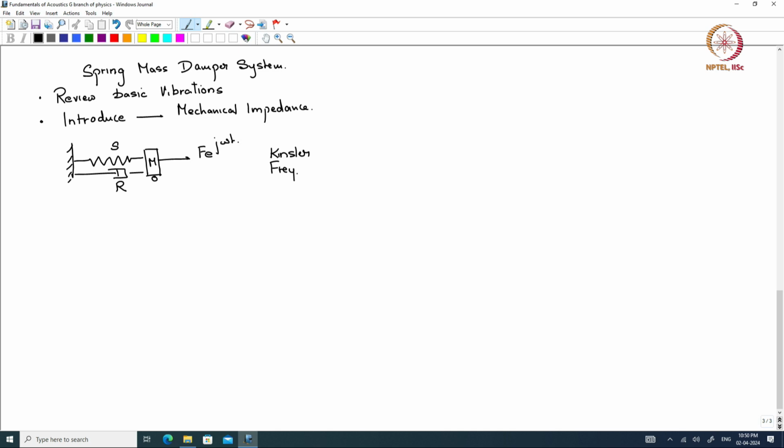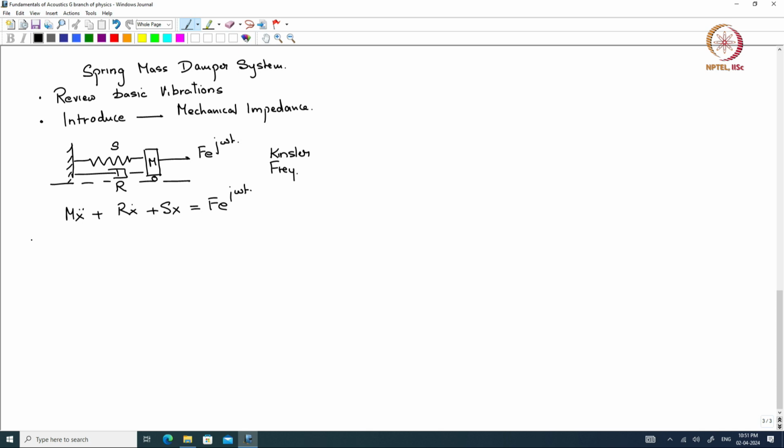Now the equation of motion for this system is m x double dot plus r x dot plus s x is equal to f e to the power of j omega t.